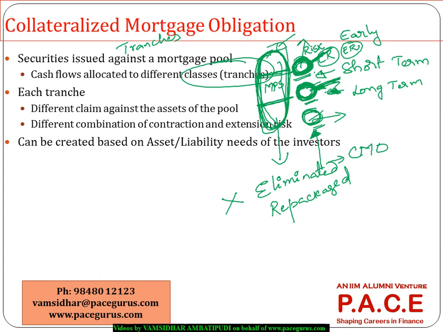Now there are various mechanisms in which these CMOs are created. We'll look at a couple of those mechanisms where you can understand quite comfortably. There is one thing called sequential pay CMO. There is another thing called planned amortization class payment CMO.